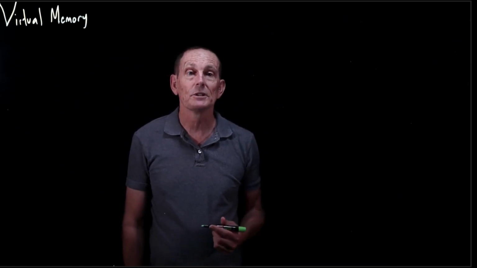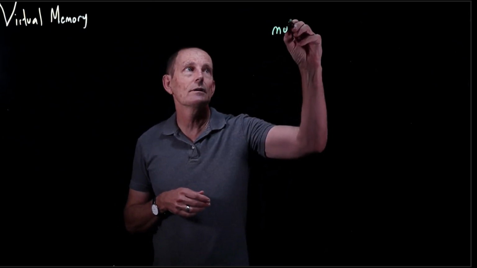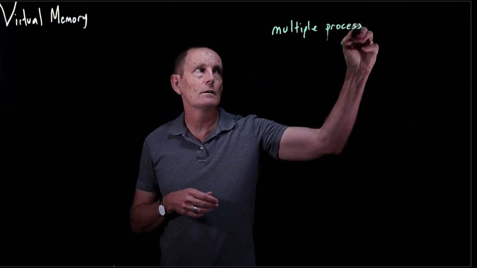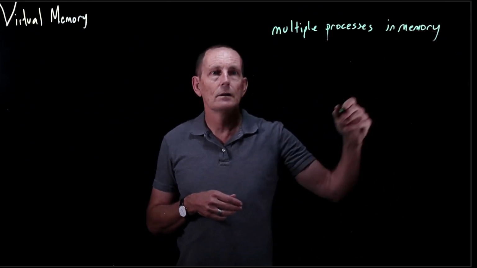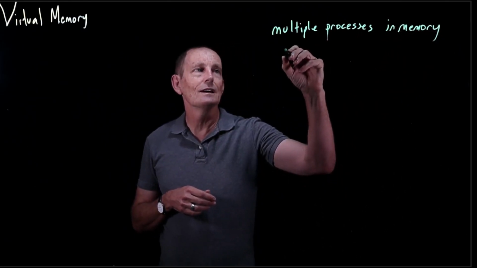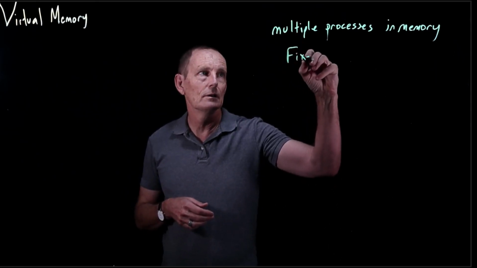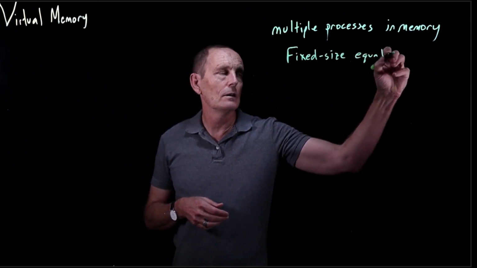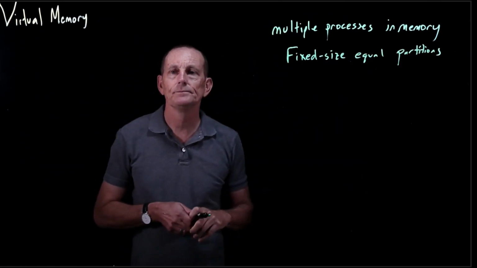What we could now do for multiprogramming, rather than just having a single process in memory, is we could go ahead and have multiple processes in memory. And we could use fixed size equal partitions.